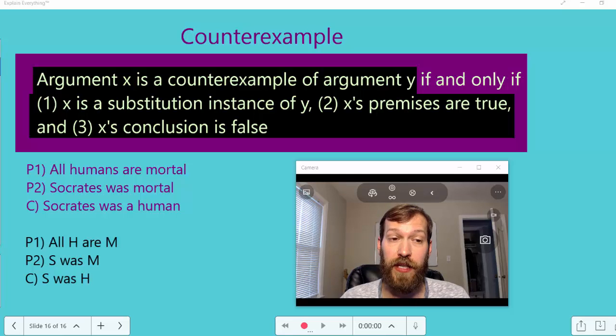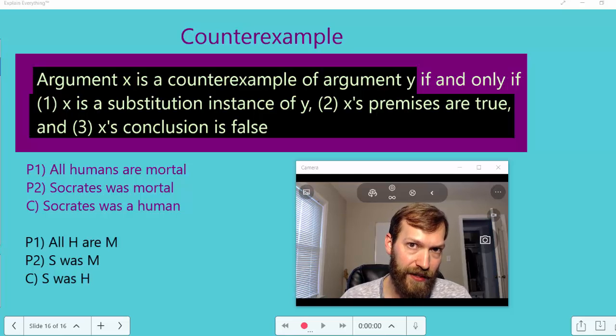So it's got to meet those three conditions. This needs to be a substitution instance. What that's going to do is guarantee that the counterexample has the same form as the original argument, the argument that we want to prove invalid. Then X's premises need to be true and the conclusion needs to be false.